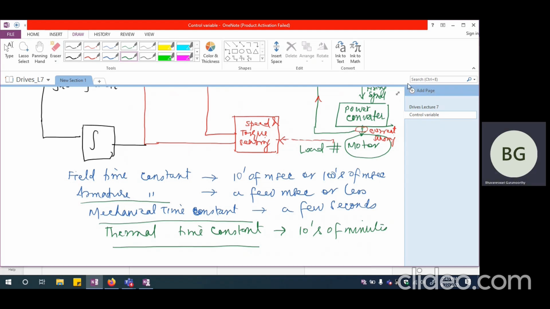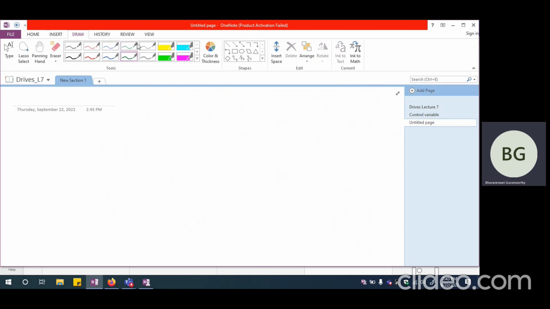Now, if we look at the mechanism corresponding to some of the practically existing loads, for example, rolling mills. Rolling mills are basically going to produce sheets of steel, thin sheets of steel.